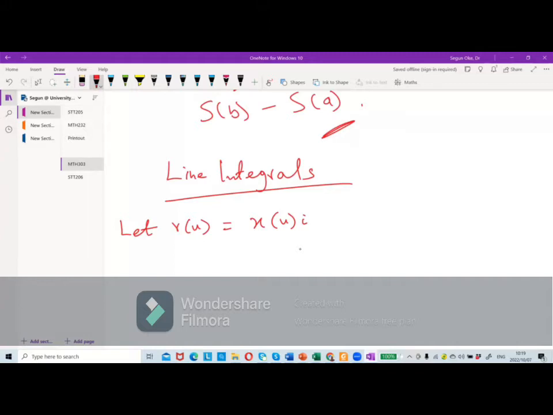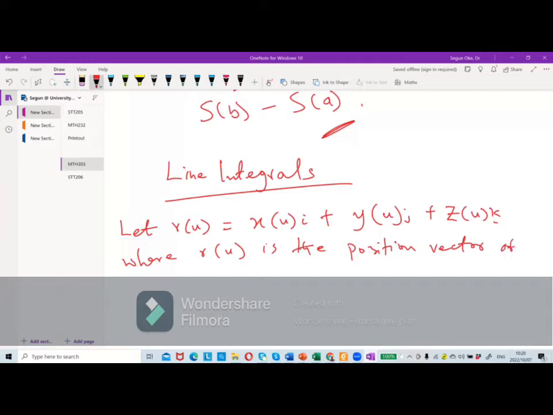You remember the definition of r in vector form, where r of u is the position vector of x, y, z.